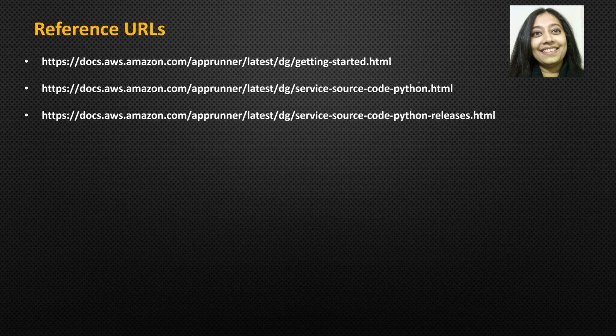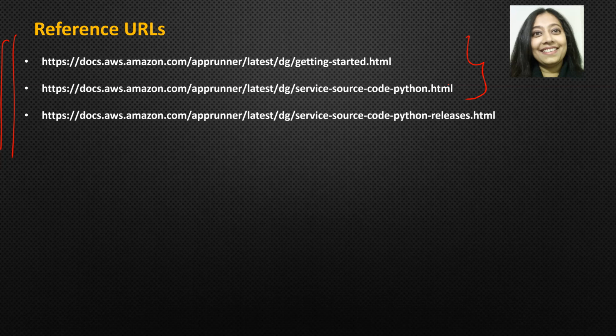Reference URLs. These URLs are pretty helpful for this particular lab. In fact, the first two URLs are extremely important because if you don't have a simple Python application, or you don't know how to code in Python, whatever the case may be, you can use these two URLs to copy the source code and create a simple Python application.